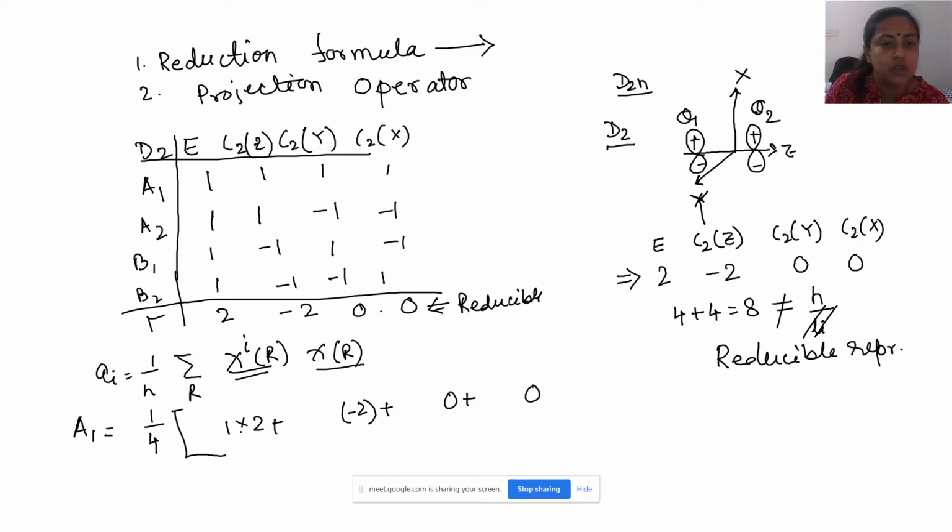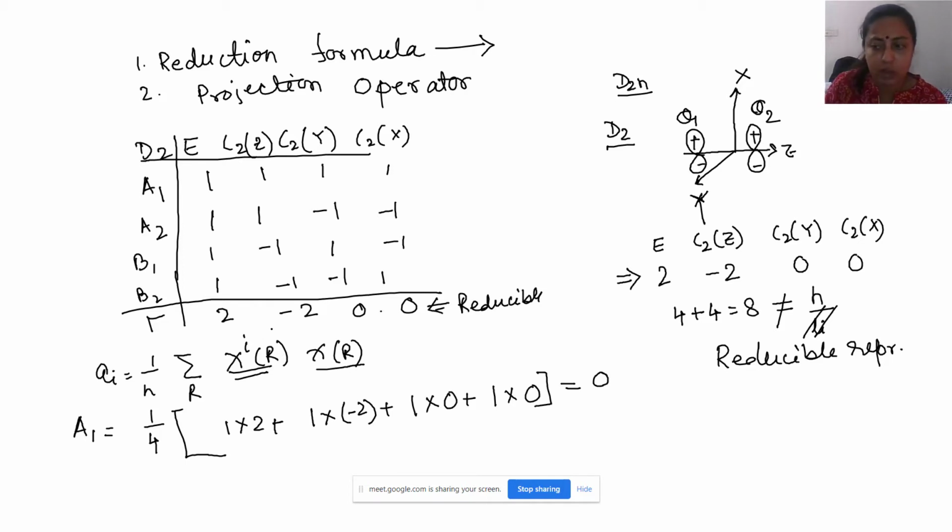That is 1 into this one, 1 into this, plus 1 into this, plus 1 into this. So this is going to become 2 plus minus 2 plus 0 plus 0, that is 0. So that means in this reducible representation, A1 is not going to contribute.